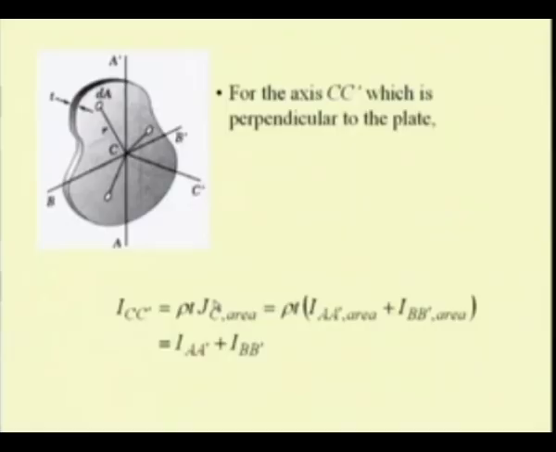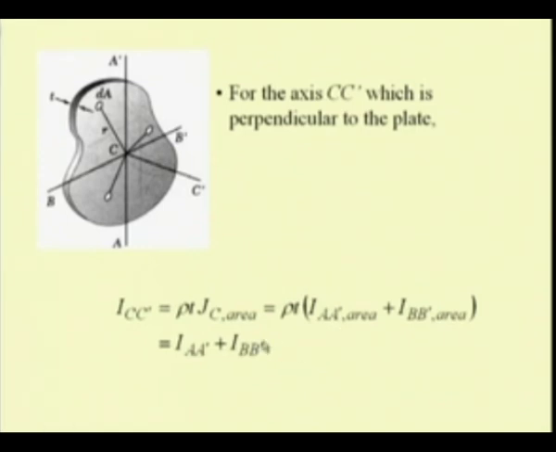That is, J C of the area is equal to I A A prime plus I B B prime, the second moment of the area with respect to two perpendicular axes. So, now we have the polar mass moment of inertia of this thin plate with respect to this axis C C prime as the sum of the rectangular second moments, that is I A A prime plus I B B prime.